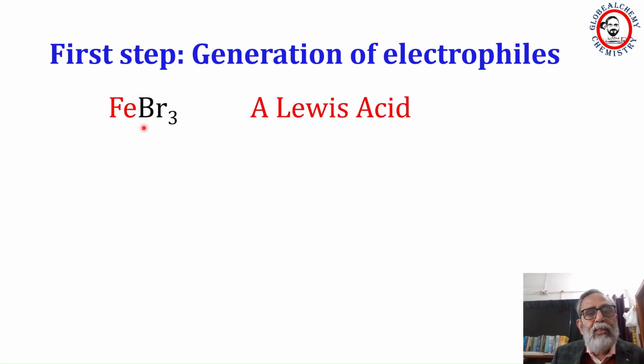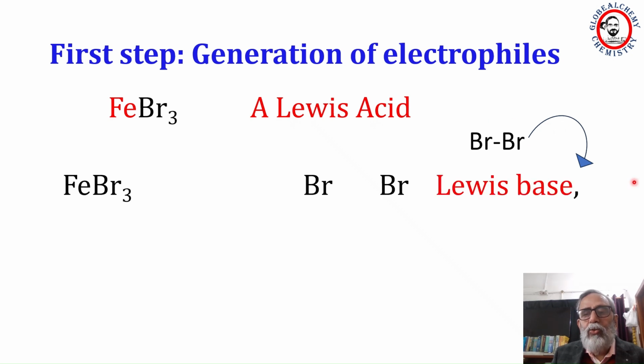So FeBr3 acts as a Lewis acid, and this bromine molecule is a Lewis base, and this catalyst approaches the bromine molecule and polarizes it. The catalyst polarizes the bromine-bromine bond, and one bromine atom becomes highly positive and one bromine atom becomes negative.